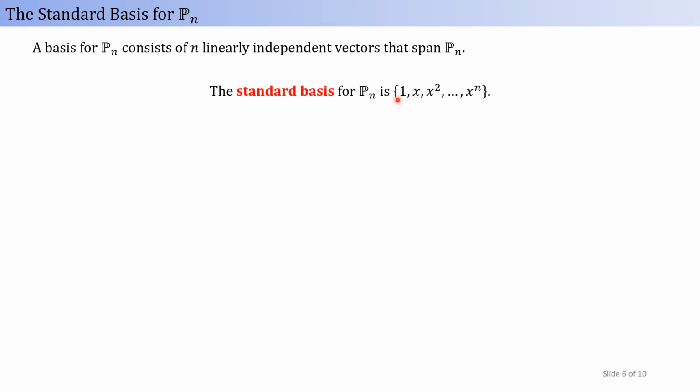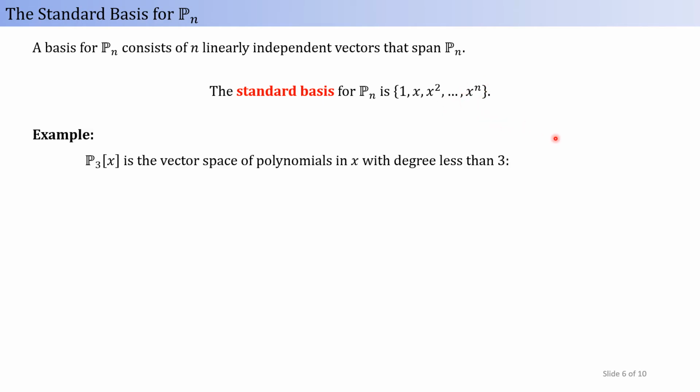You start out with the number 1, and then x, x squared, x cubed, and so on until you reach the last degree of that polynomial. So for example, let's say the vector space P3. This is actually all polynomials with degree less than 3. Okay, so it's not a cubic, it's actually a quadratic polynomial. The reason for that will become obvious as we look at the basis.